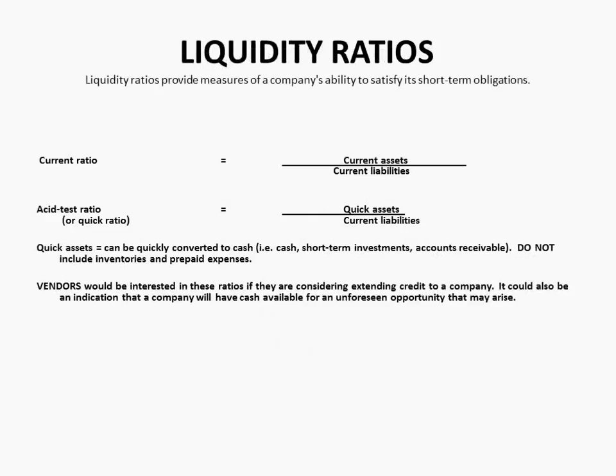Current ratio is current assets over current liabilities. Asset test ratio, also called the quick ratio, is quick assets over current liabilities. Quick assets can be quickly converted to cash: cash, short-term investments, accounts receivable, not including inventory and prepaid expenses.